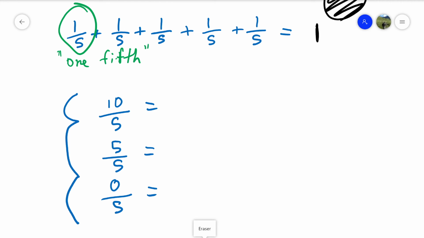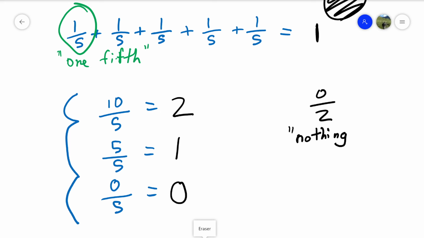Well, if I've got 10 and I share it between 5 people, I end up with 2. 5 divided by 5, well, share 5 between 5 people, I end up with 1. 0 divided by 5. Well, if I haven't got anything, it doesn't matter. If I have a fifth of nothing, what's 0 divided by 2? Or what is nothing cut in half? Which is nothing, you've still got nothing, haven't you?